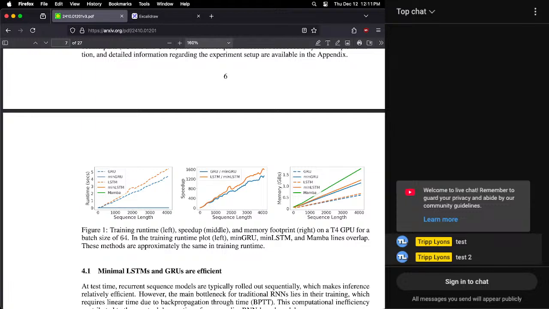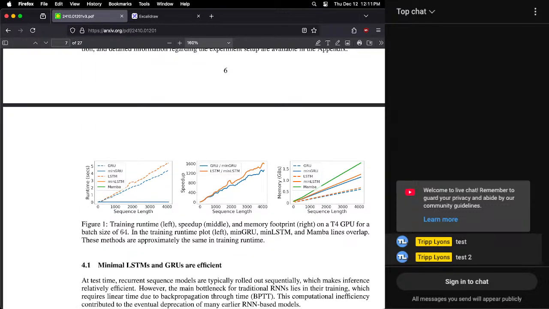Yeah, it's for training. So it's how long it takes to train on a new token, I believe. So the speedup is linear as well, since going from linear to constant is a linear difference. And then the memory scales better.